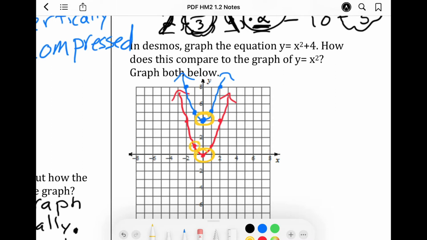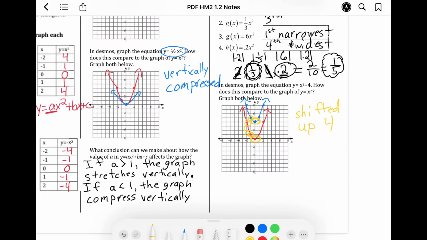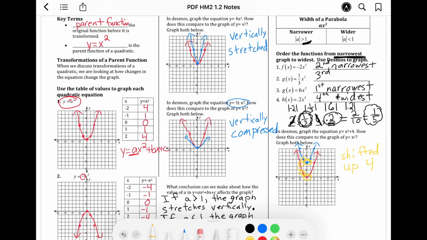Yes. So your point 1, 1, or -1, 1 moved up 4 spots. 1, 2, 3, 4. So all points moved up 4. So we're going to call this transformation shifted up 4. And that's how you would write it.